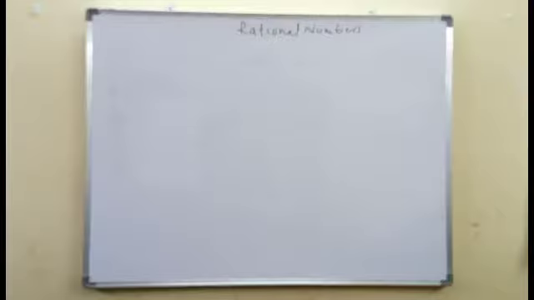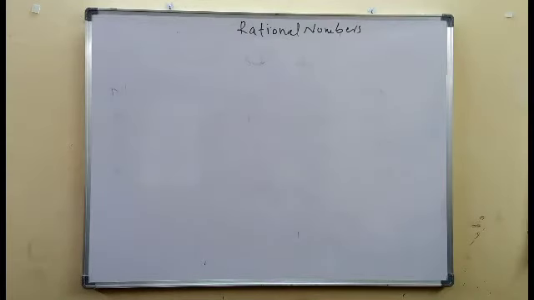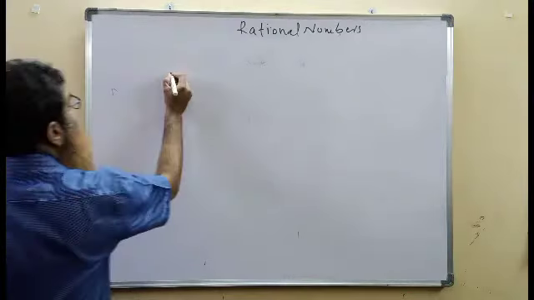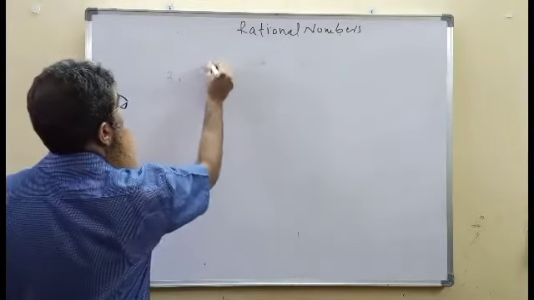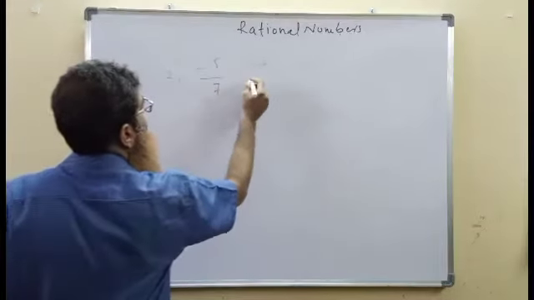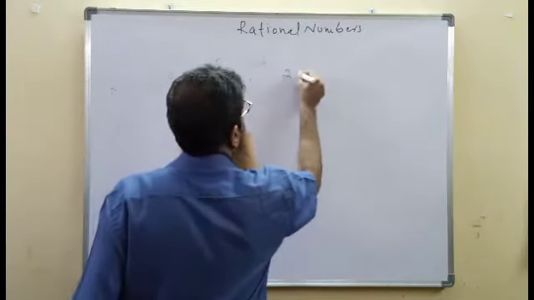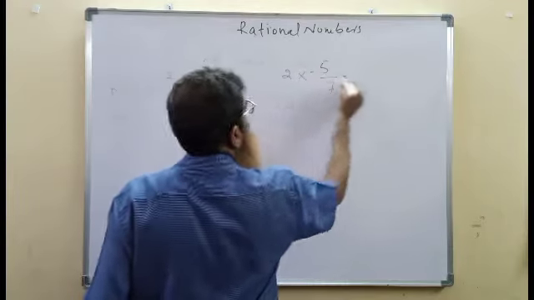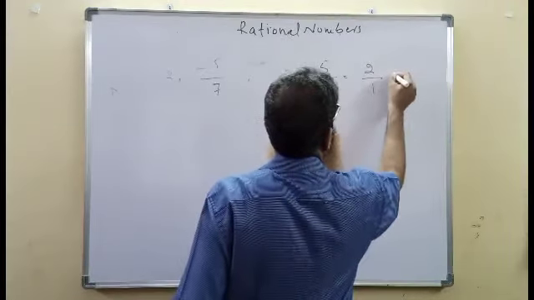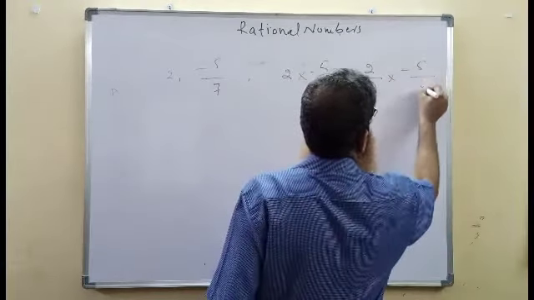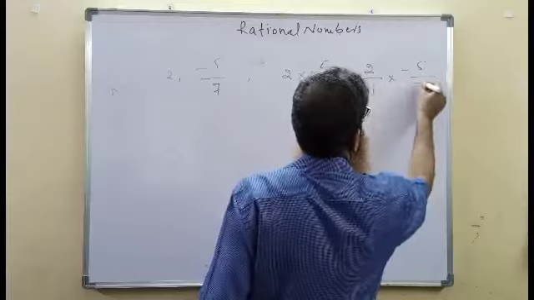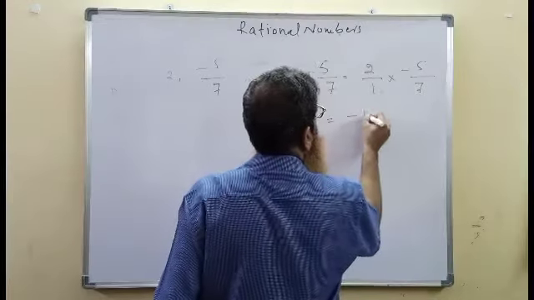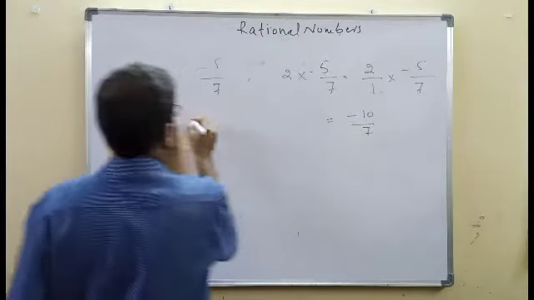Multiplication. Now let's check for multiplication. Let's take two rational numbers, 2 and minus 5 by 7. Multiplying 2 into minus 5 by 7, we have 2 by 1 into minus 5 by 7, we get minus 10 by 7.